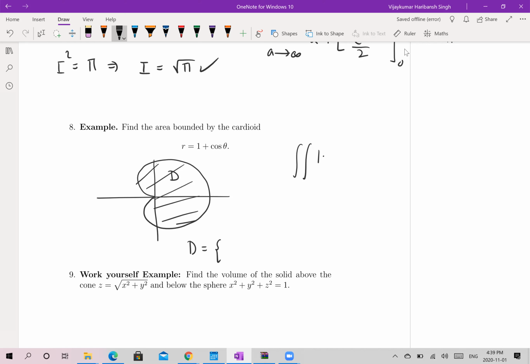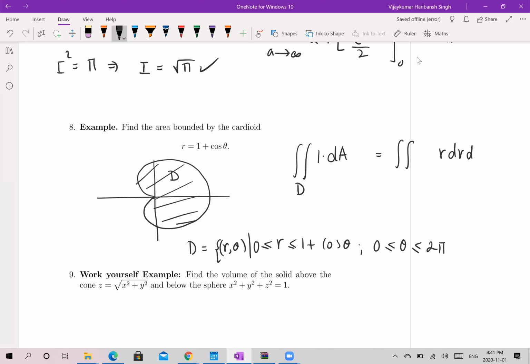So what is our D going to be? D is going to be r, theta, where your r is between 0 and 1 plus cos theta, and your theta is between 0 and 2 pi. So we have 1 dA, that is what our region is, and this is our integral, but let's write this integral now in polar coordinates. We have r dr d theta.